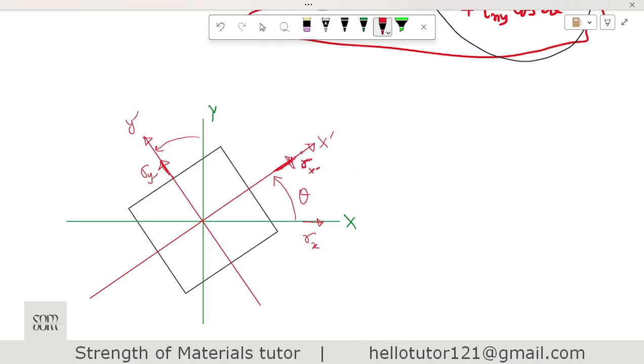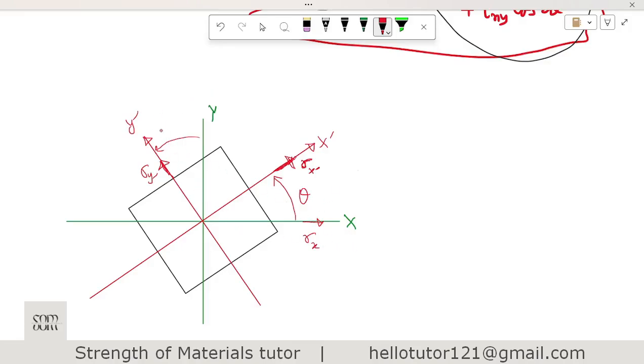Now how do we know this? You found sigma x prime from sigma x because you know the angle between them. If you know the angle between the two axes, you can find the stress on one axis with respect to the other.